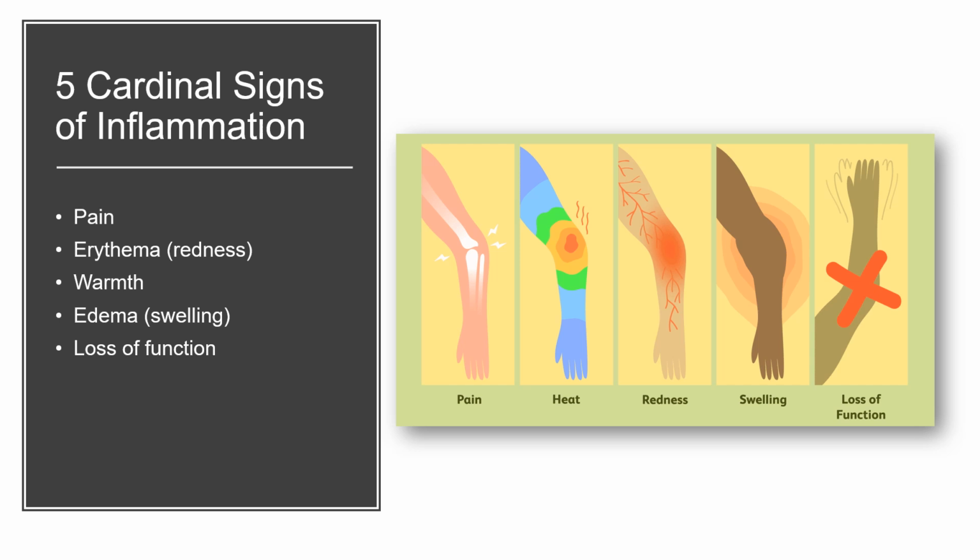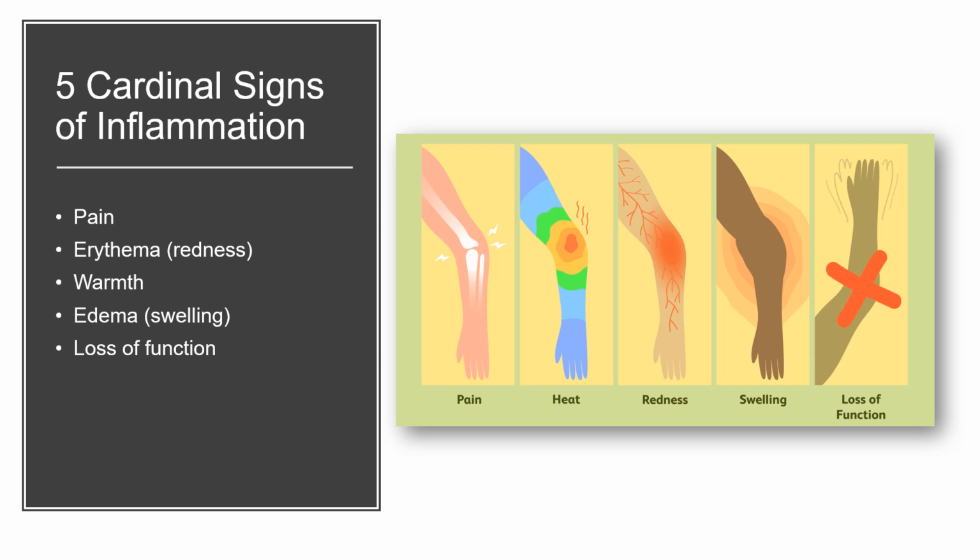So part of that cascade that happens when an intruder or a pathogen breaks the skin or comes into the body is increased vascular permeability. What that means is that the walls of your blood vessels open a little bit, and plasma from your blood is able to seep out. And in that plasma are white blood cells. So as your vessel walls open just a little bit, that plasma seeps out so that it can bring white blood cells to the injury.